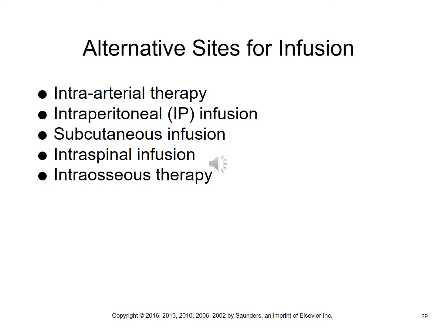A catheter is utilized and placed in the intra-abdominal cavity. It is basically utilized for abdominal malignancies, and there are 3 different phases of this.